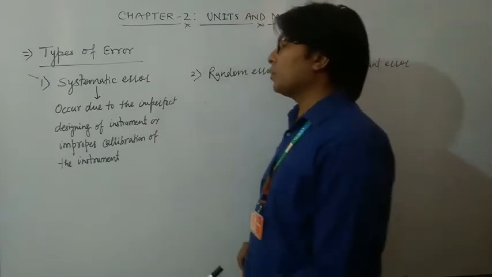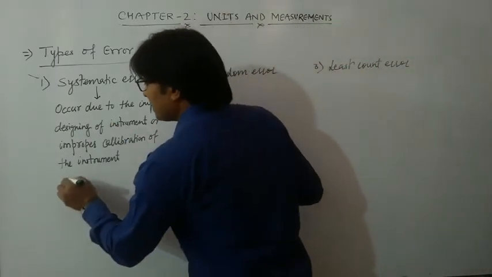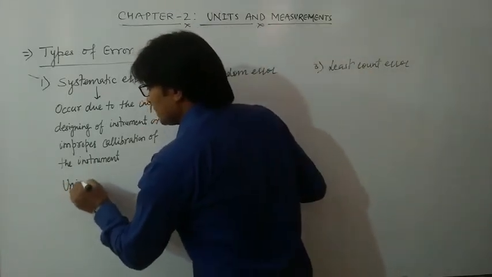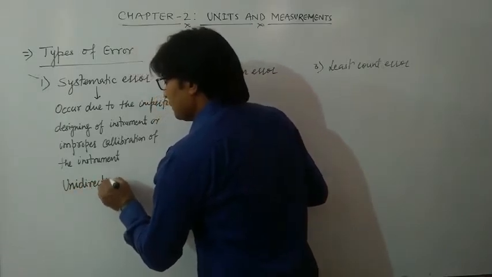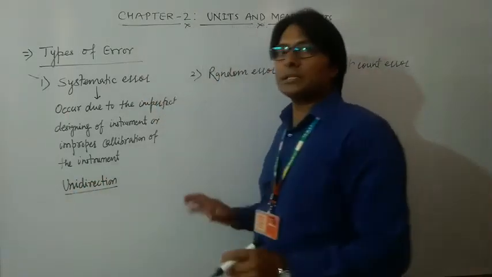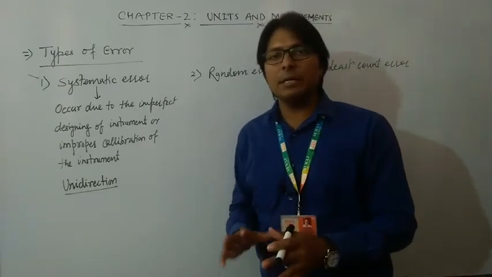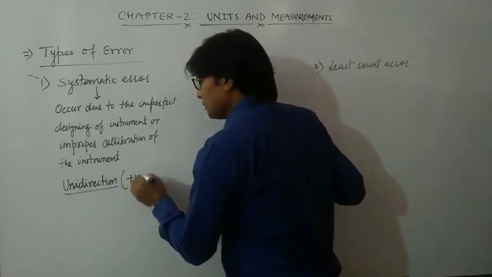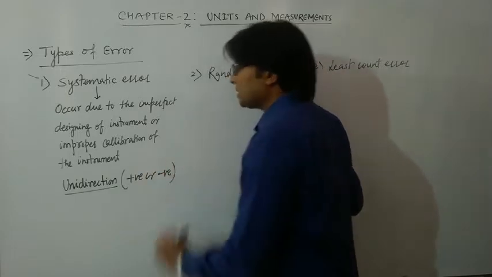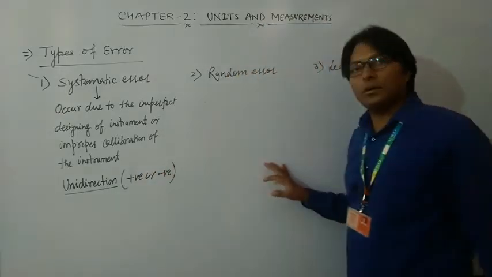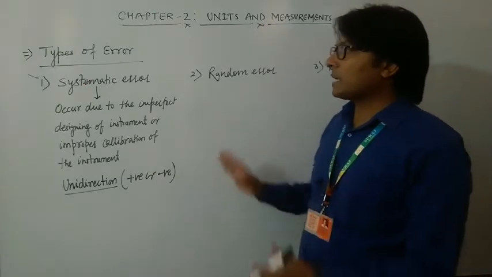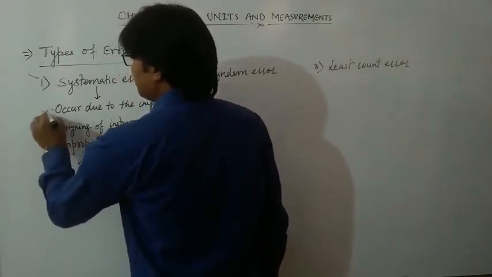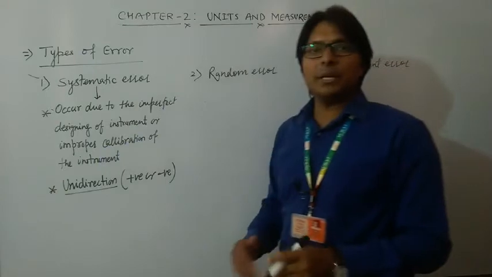And the more important point is that systematic errors are always unidirectional, meaning if they are positive, all the errors will be positive. If the readings are negative, then all the readings will be negative. So it is quite easy to rectify such errors. They can be rectified easily by simply recalibrating or redesigning that instrument.